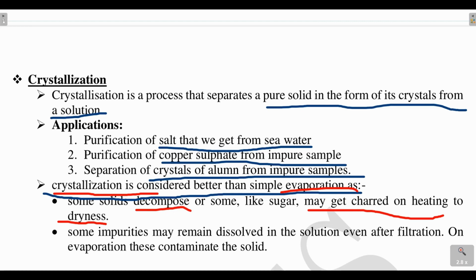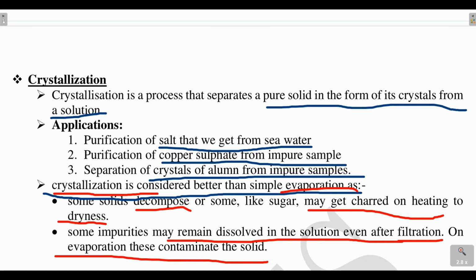But in the case of crystallization, this issue does not arise, so it is convenient. And some impurities may remain dissolved in the solution after filtration. That is also very important. Some impurities may remain dissolved in the solution even after filtration. So on evaporating, this contaminates the solid.